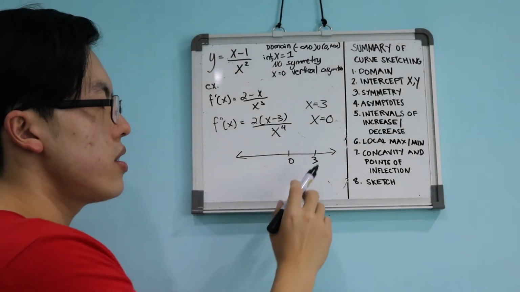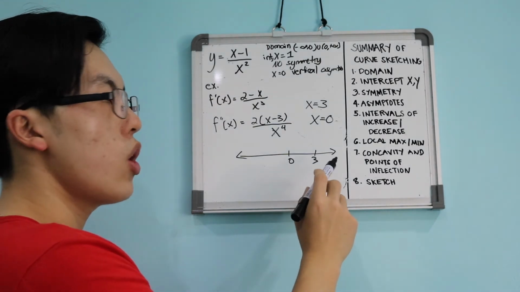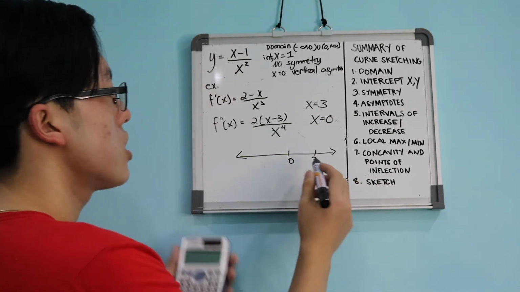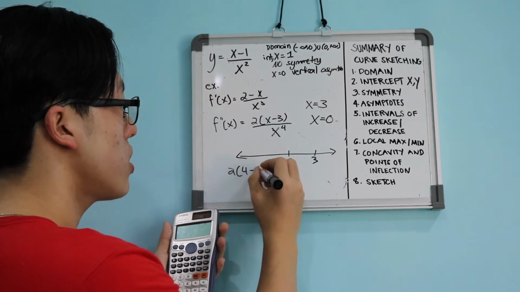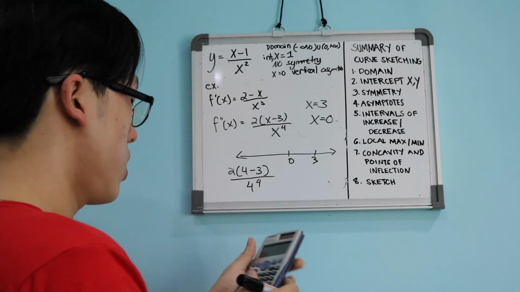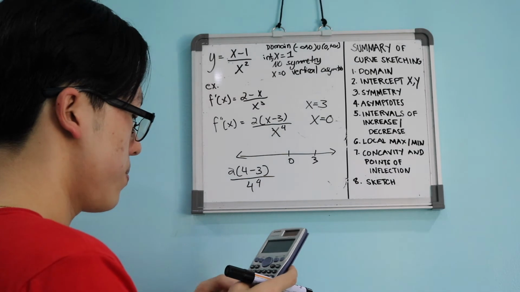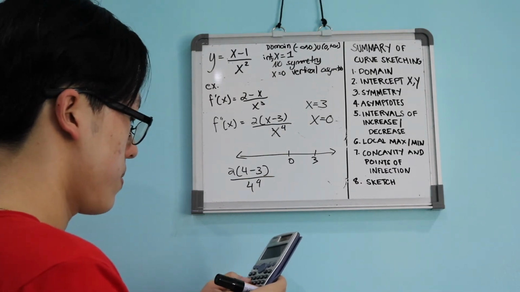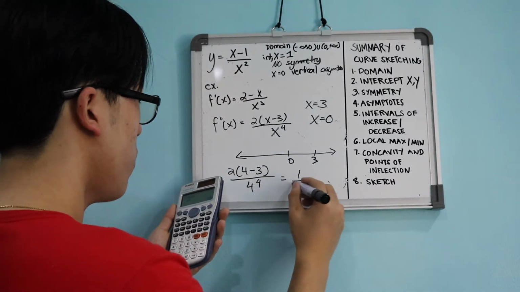And you're going to choose a value that is greater than 3 to know if the right side is concaving up or concaving down. So, value 4, for example: 2 times (4 minus 3) over 4 to the power of 4. And we know the answer is positive.